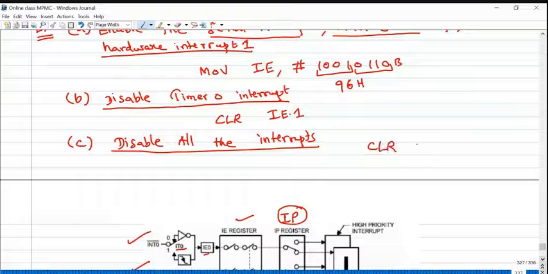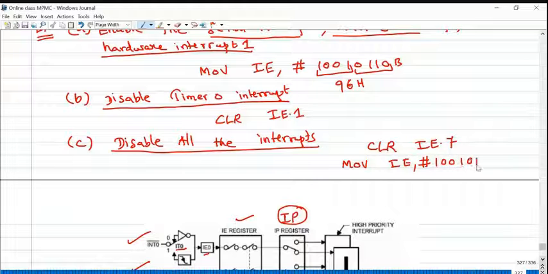So CLR IE.7 disables all the interrupts. The other way is MOV IE, #10010110.